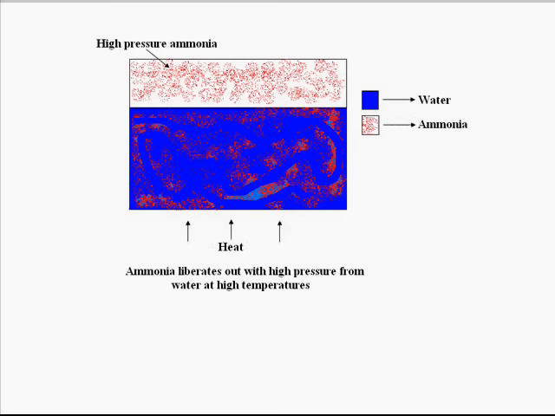But in case we heat the solution, then the solubility of ammonia in water decreases and it liberates out from water with high pressure. This property of ammonia and water solution, called aqua ammonia solution, is used for developing the refrigeration effect with the help of the vapor absorption cycle.